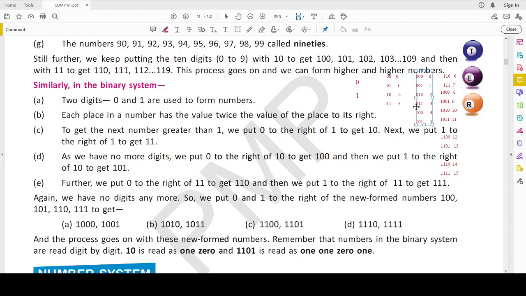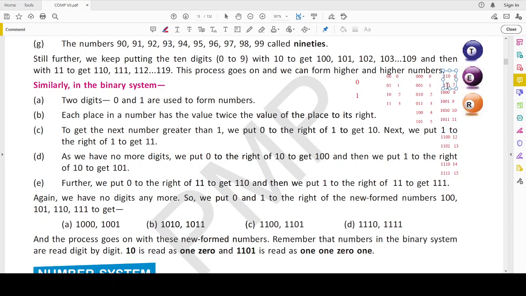So we need a 3-bit representation. So you can see 1 over here and make the rest 0. So 100 is a 4. 101 is a 5. 110 is a 6, 111 is a 7.